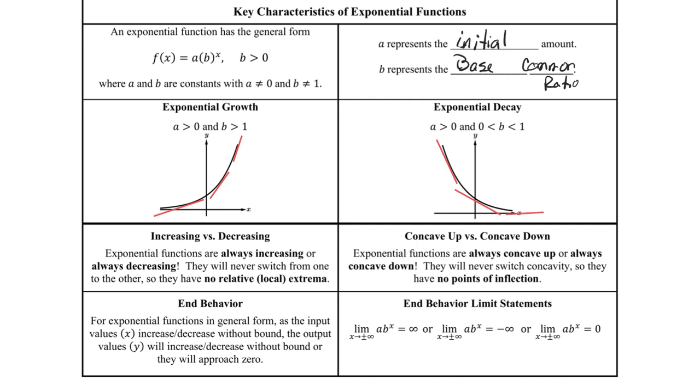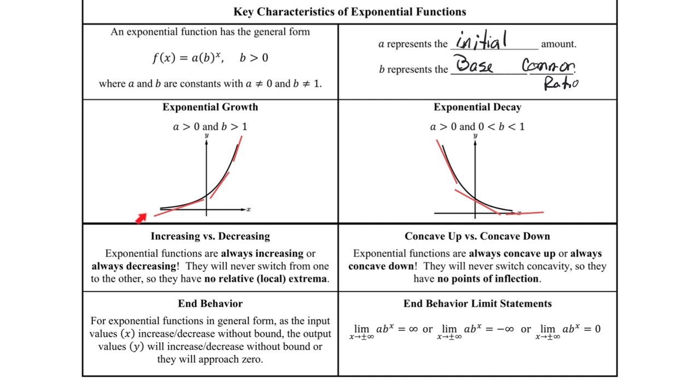And last but not least, let's talk about end behavior. Your end behavior is what happens when x increases or decreases without bound, and one of three things is going to happen. You're either going to go to positive infinity, negative infinity, or 0, okay?